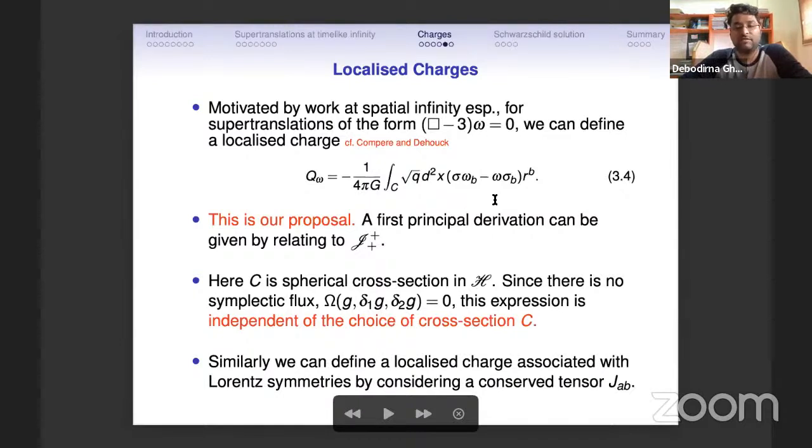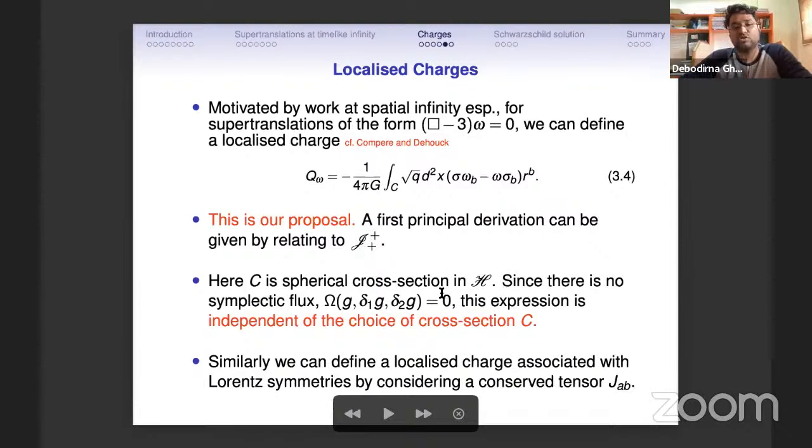However, we have not done a first principle derivation, and it can be done by relating this q omega charge to the charge contribution from the future boundary of future null infinity, which is Scri plus plus.